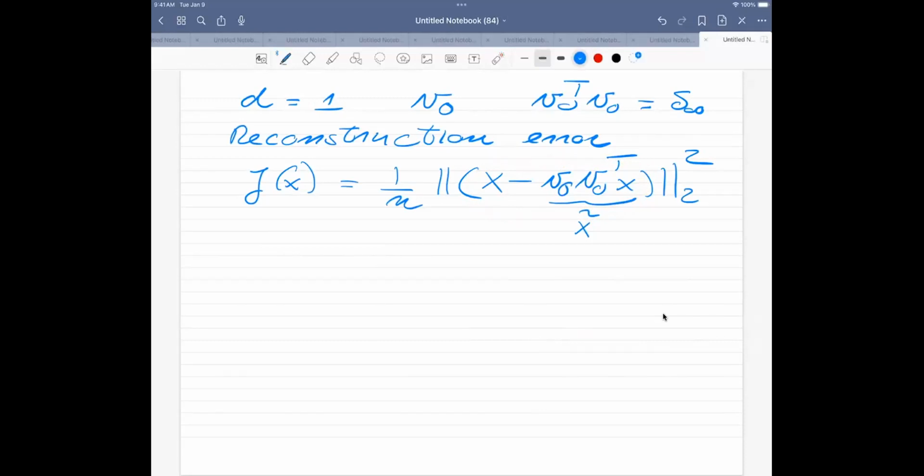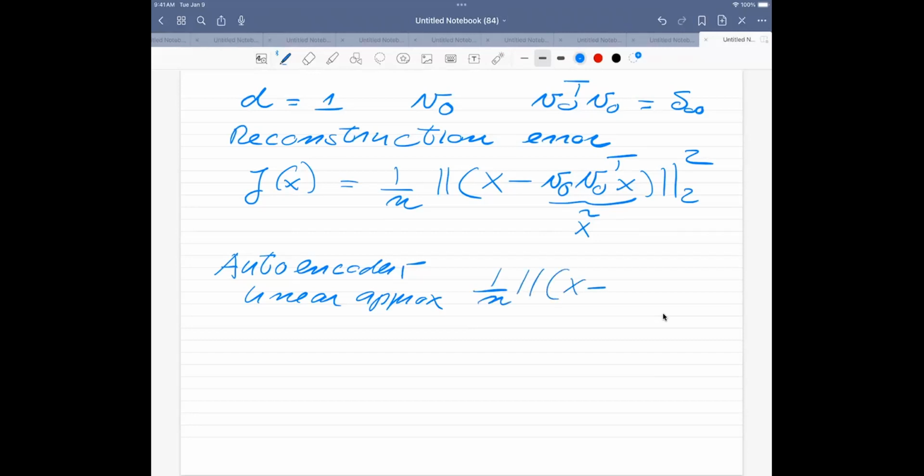And if you now look at our link with autoencoders, and with a linear approximation, what we had then was a reconstruction error, which is X minus, and then we have V times W times X. So what it means then is that these matrices multiplied with each other, they are the same as the one which I built up here.